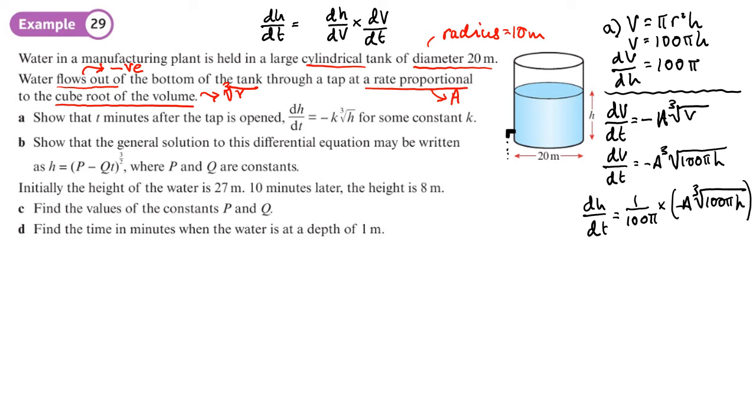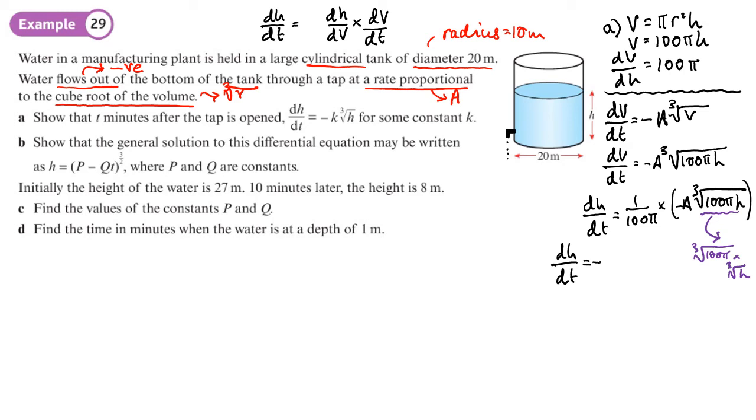We need to get it into the form negative k cube root h. Now we can do that because this bit here, we can write as the cube root of 100 pi times the cube root of h.